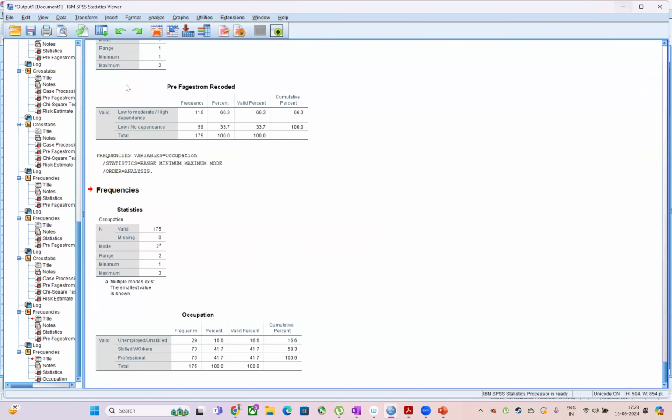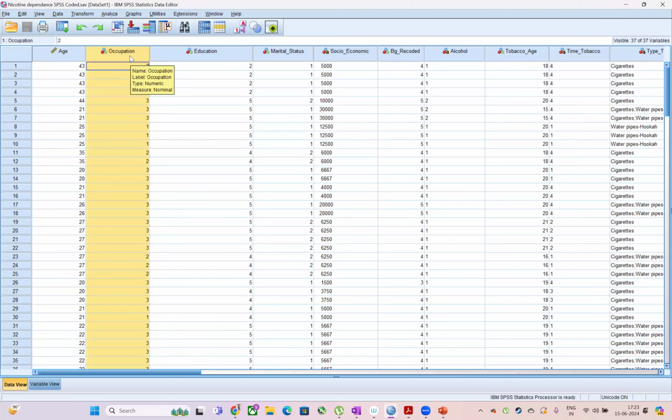I want to find the association between occupation and nicotine dependence. What statistical test should I use? Now we are going to see the association between nicotine dependence and occupation. Both are qualitative variables. What statistical test should I use?